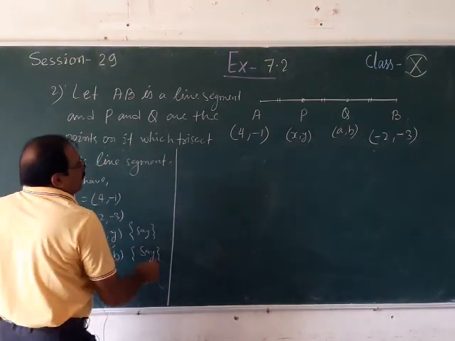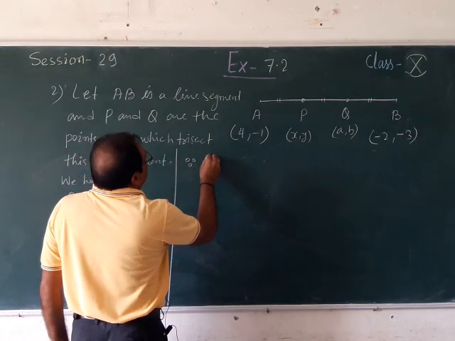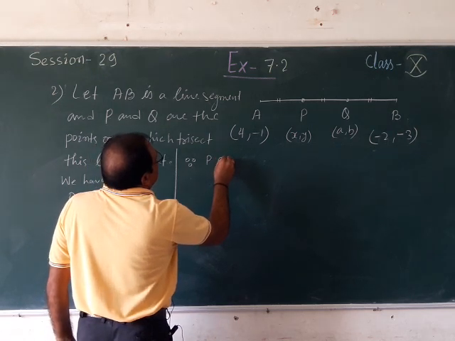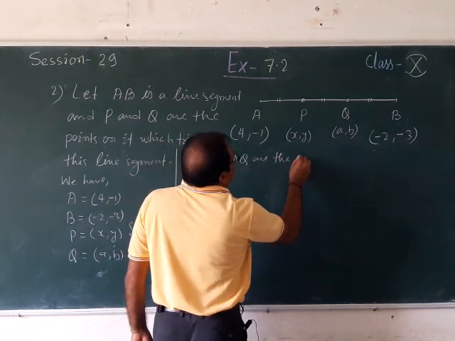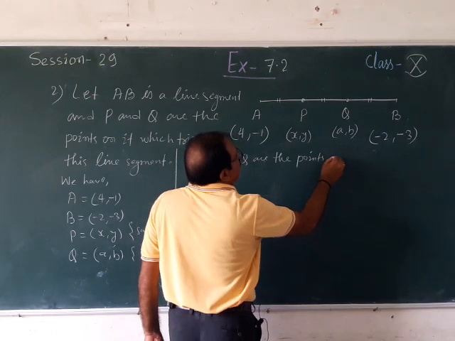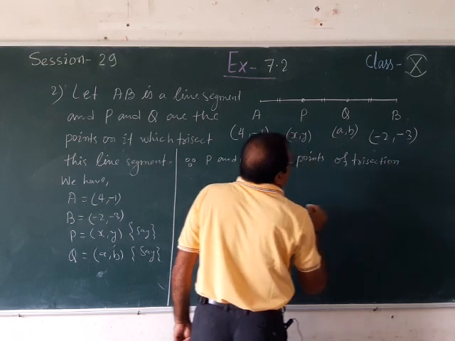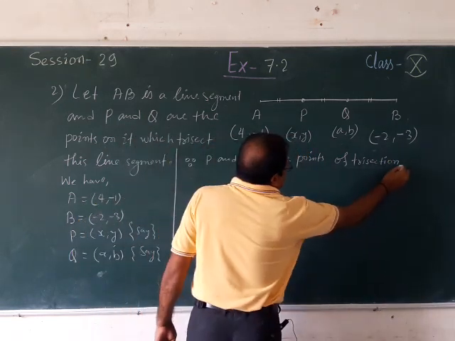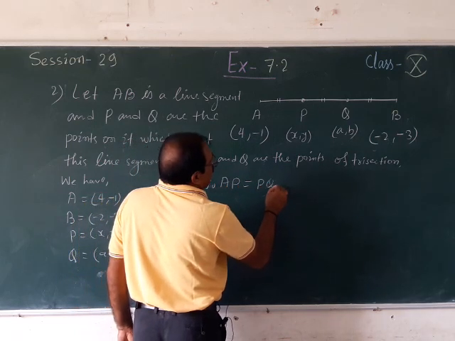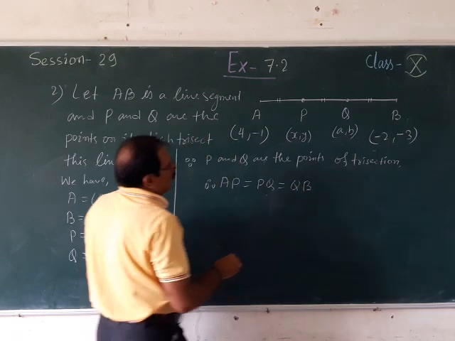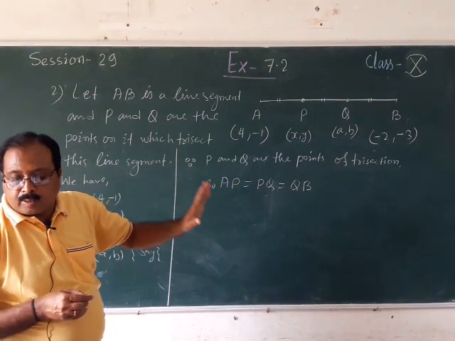Okay. So here, since P and Q are the points of trisection, therefore it is clear that AP is equal to PQ and it is equal to QB.